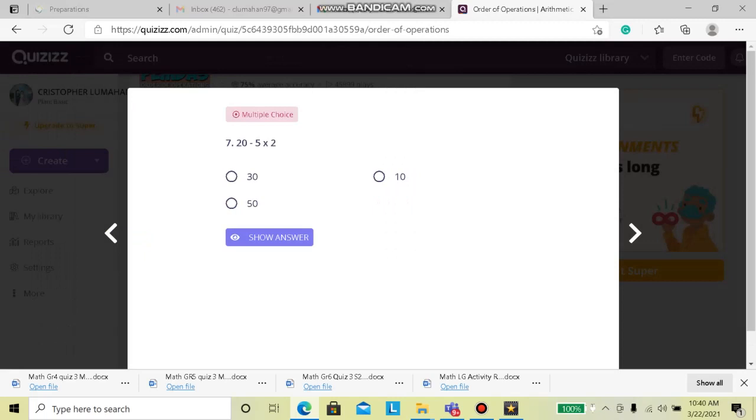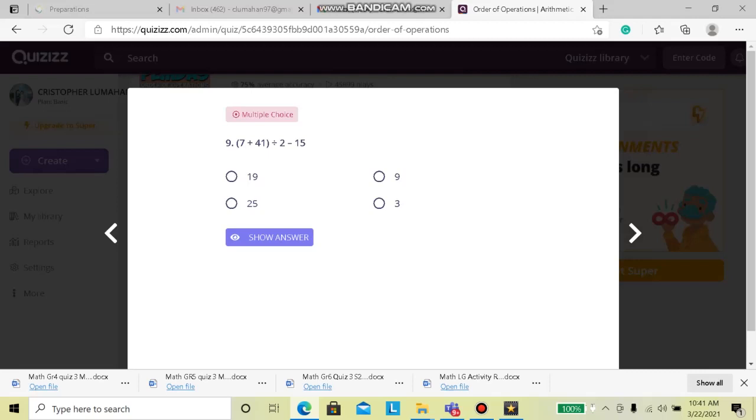Next, 20 minus 5 multiplied by 2. The answer is 10. Next question. 4 plus 2 multiplied by 7. The answer is 18. Next, 7 plus 41 divided by 2 minus 15.